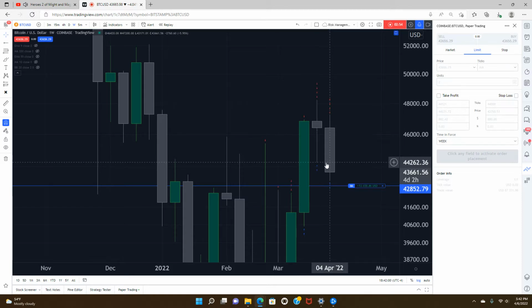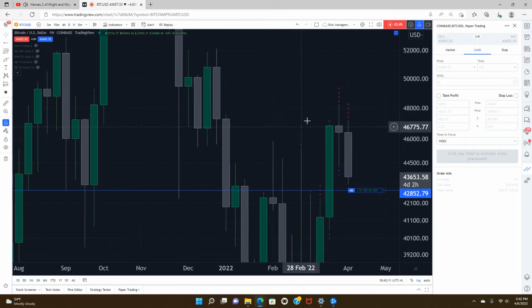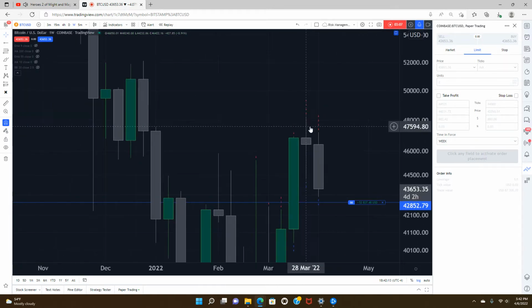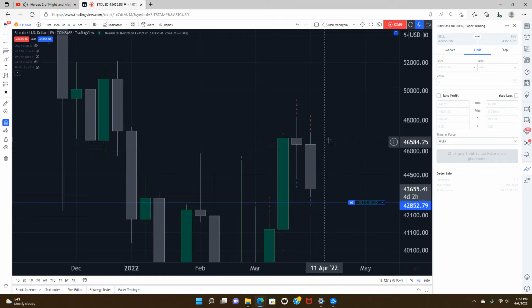And in those cases, a lot of times you'll see this low violated, and then price will run aggressively up for the highs. That's a pattern I've noticed before. It's a pattern that could be playing out. Again, could not. We haven't seen the close yet.